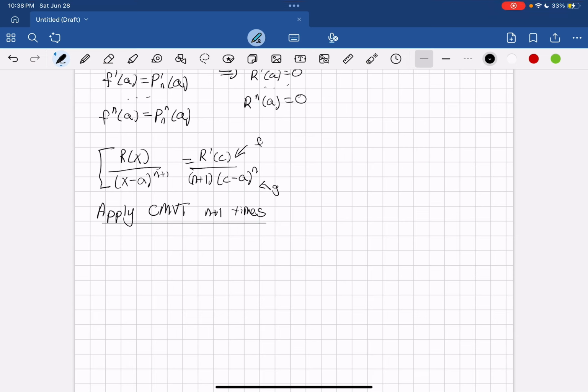So if we apply it to these new functions, f and g, we will get r double prime of c.